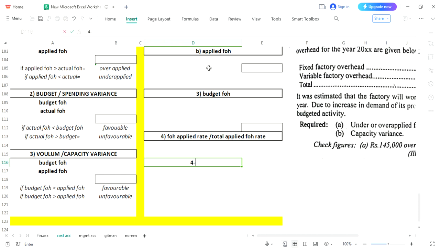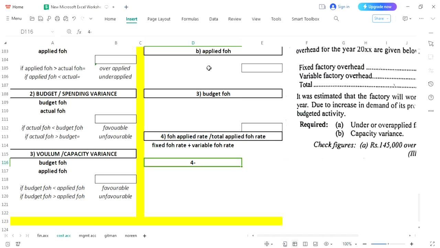You will calculate, and that would be for calculation of fixed FH rate. Here you can see that to calculate FH applied rate, you do need fixed FH rate, and then you will add variable FH rate. And how will you calculate fixed FH rate?